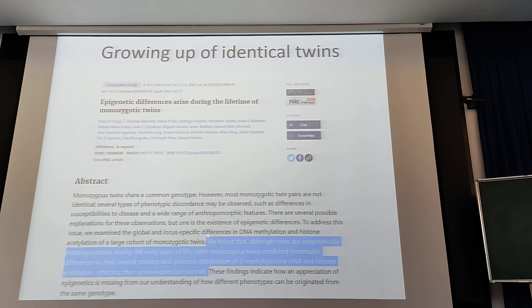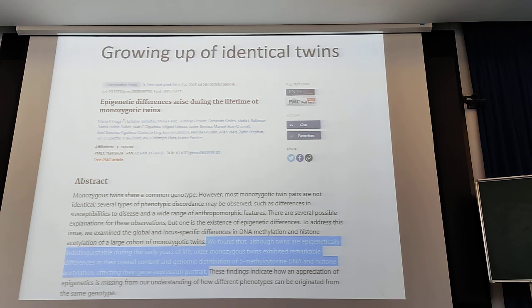They see that although the twins are epigenetically indistinguishable during the early years of life, that means when they are small, when they're just born, the older monozygotic twins exhibit remarkable differences in their overall content and genomic distribution of 5-methylcytosine DNA and histone acetylation, which affects their gene expression or traits.